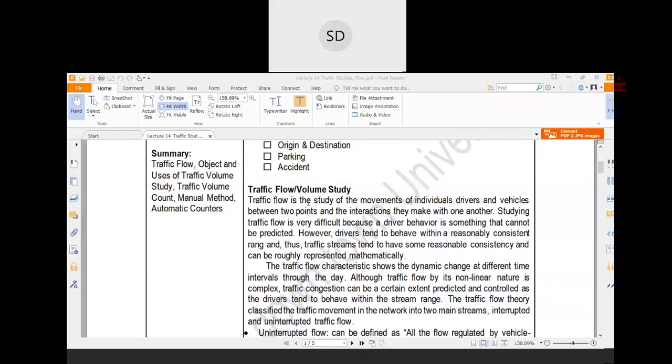Now, traffic flow is the study of the movements of individual drivers and vehicles between two points and the interactions they make with one another.